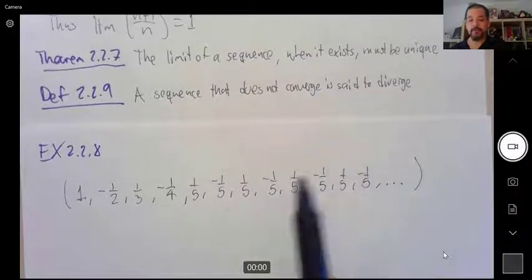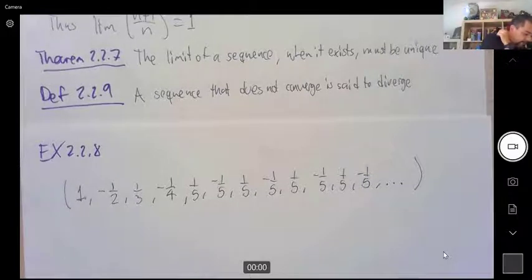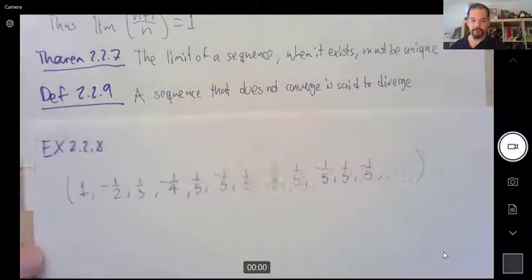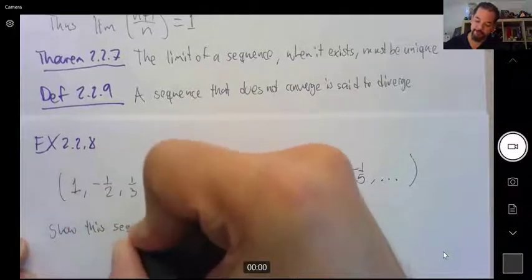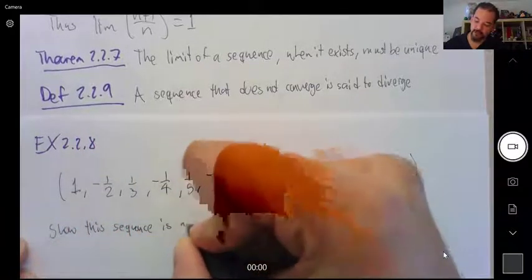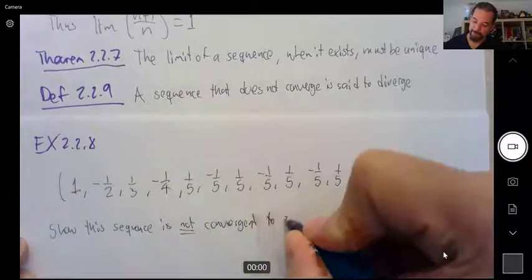Now here, let's start with trying to show that this sequence is not convergent to 0.